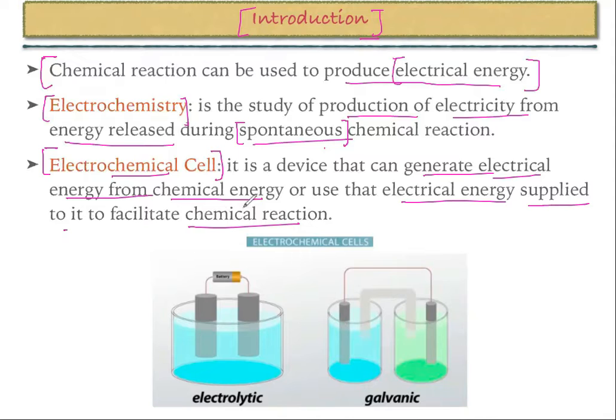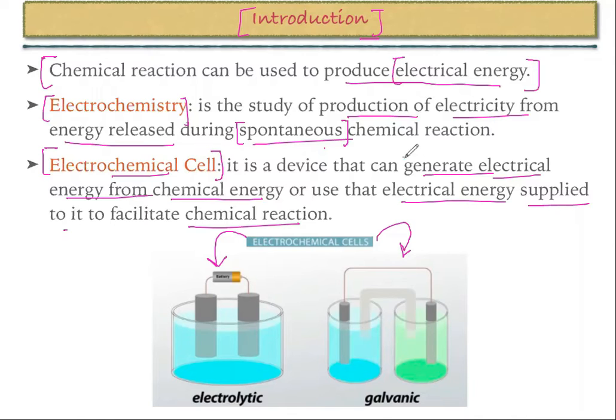Now we will discuss these two processes. The electrochemical cell talks about the generation of electrical energy from chemical energy. This electrochemical cell is basically divided into two parts. One is the galvanic cell, another is the electrolytic cell. In the galvanic cell, what happens? A chemical reaction takes place to generate electricity.